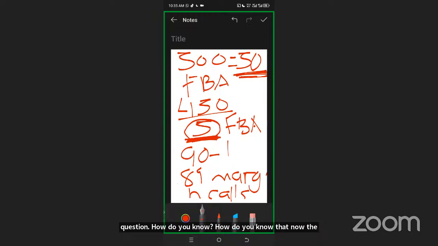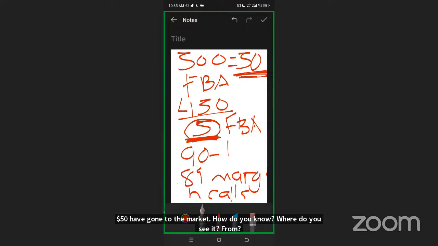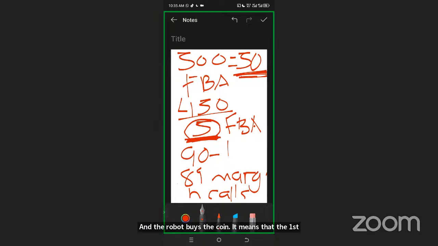If you set a coin and the robot buys the coin, it means that the first buying amount, the $50, has already gone to the market. The robot has used it to buy the coin. So come back to the trade setting, change from $50, and put 5.